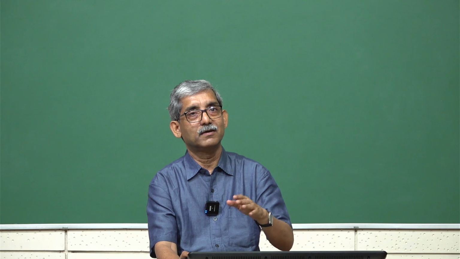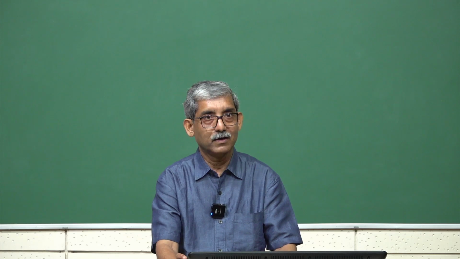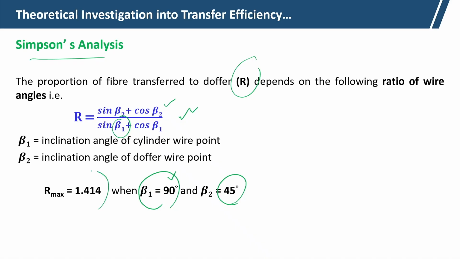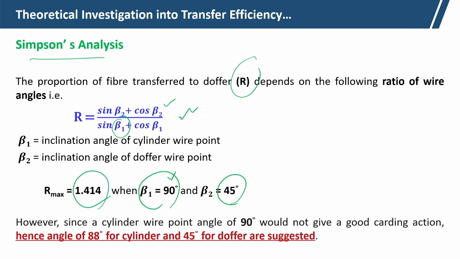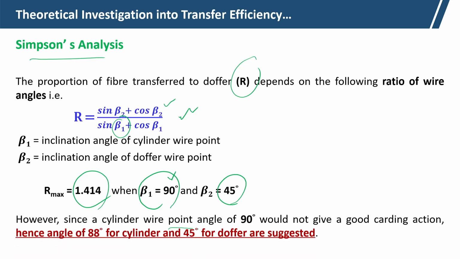So, that is the maximum value, and from there we get the R max, the maximum fiber transfer coefficient, it is 1.414. However, since a cylinder wear point angle of 90 degree would not give good carding action, we need a little bit of carding. So, hence 88 degree for the cylinder and 45 degree for doffer is suggested as a maximum angle.